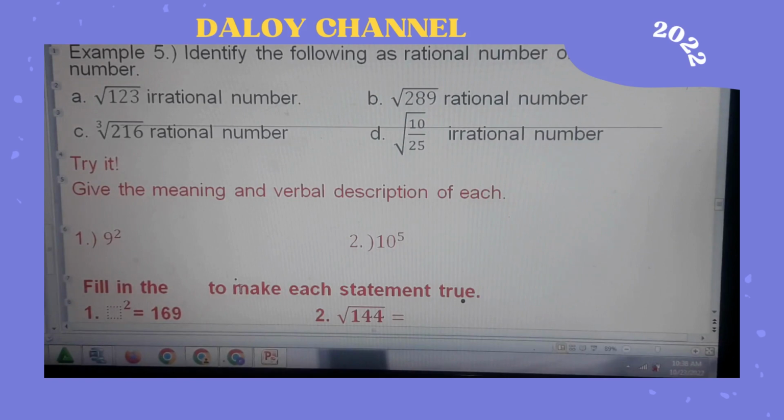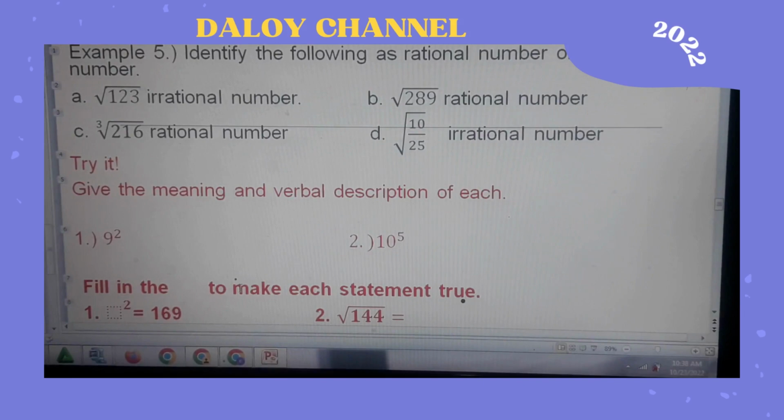So just verify the given. In letter A, square root of 123 is an irrational number. For letter B, square root of 289 is a rational number. It is a perfect square number. The cube root of 216 is a rational number because it is a perfect cube number.